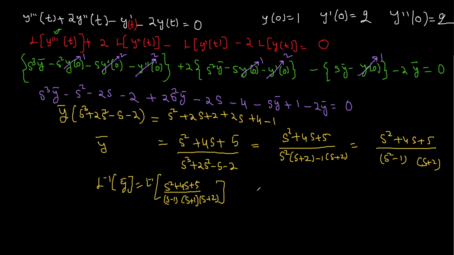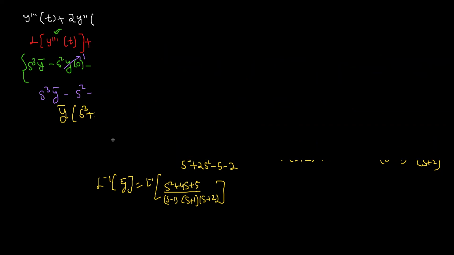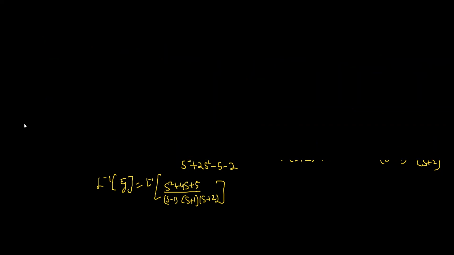First we find the Laplace transform of this. How will you find the Laplace transform? You can do partial fraction. First we find what? Partial fraction, right? I write everything here. S square 4s plus 5.